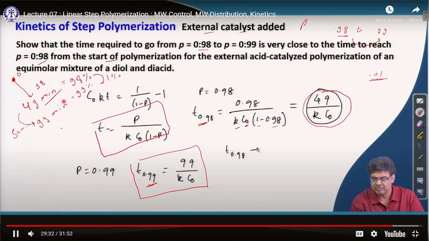So finally, in one sentence, polymerization will take a longer time for completion at the end. Initially the reaction rate will be higher, but at the end of conversion the reaction rate will be very slow. That's why it requires very high time. I think this concept is clear.